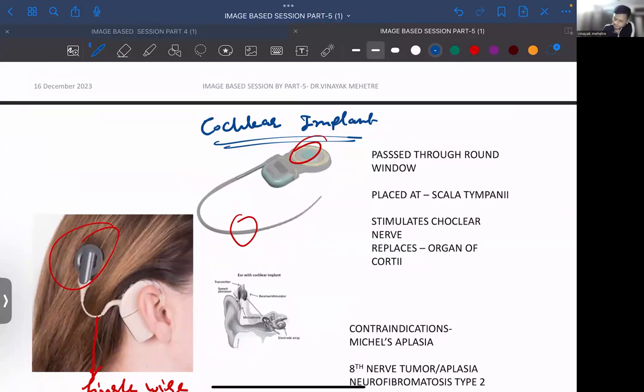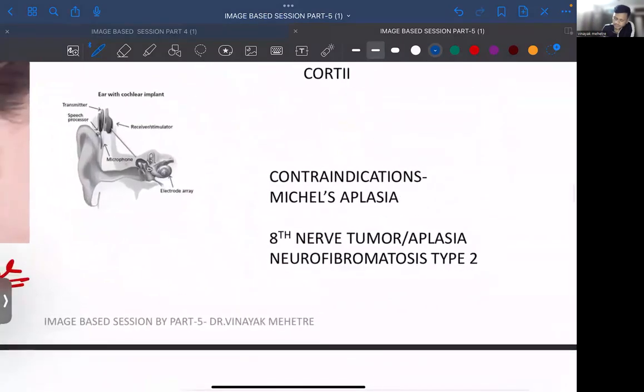When will it be used? Michel's aplasia is the contraindication, right? And if the disease is present inside the brain, SNHL means sensorineural hearing loss, so the brain should function, right? Then only this device can act. But if the problem is in the brain, of course we cannot put an implant.